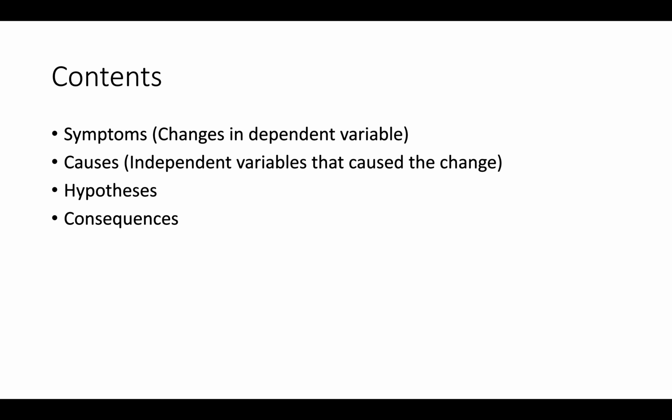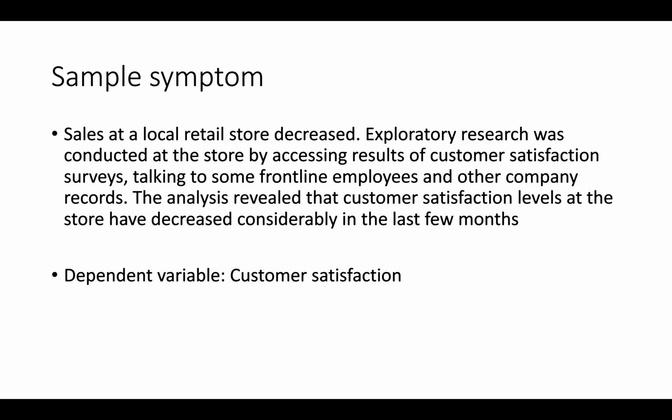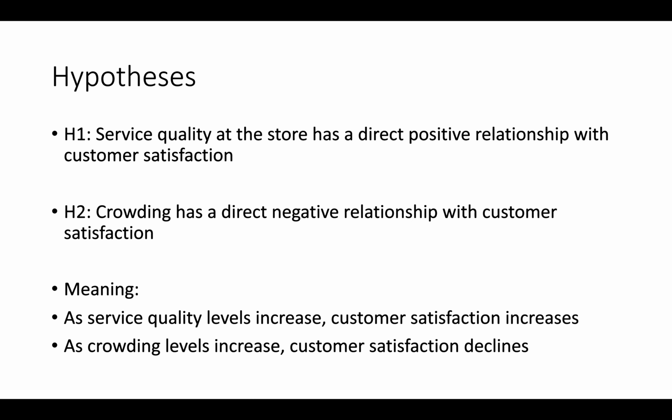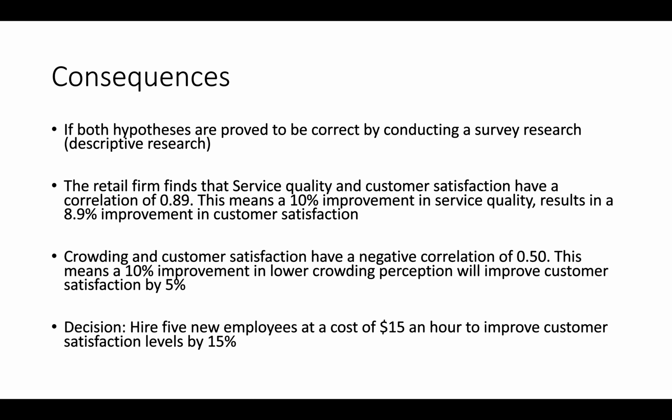To have the consequences, we have to conduct the research, but you can write down the symptoms, you can write down the causes or the independent variables, you can write down the hypothesis, and in the consequences you can write, if both the hypotheses are proved to be correct, what is the decision that we are going to take, and then the statistics part we can fill in later.